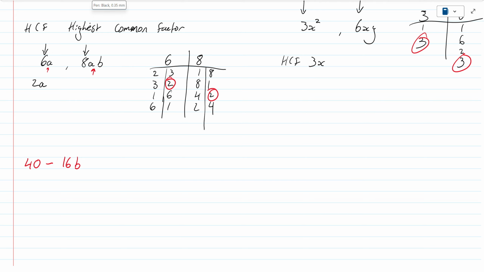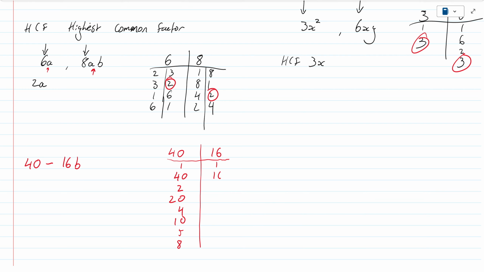If you're not confident with your factors, then write them out in table form like I have been, because if you choose a factor that is not the highest, then you're going to get the question wrong. So let's start off with 1 and 40, 2 and 20. 3 doesn't go into 40, but we can go 4 and 10. We can also go 5 and 8.